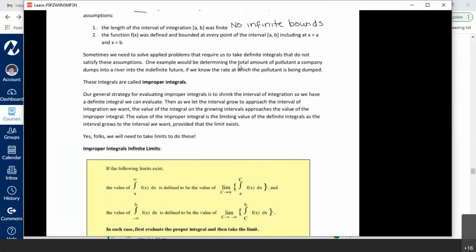Okay, and here's one of my other examples. Say we want to find the total amount of pollutant a company dumps into a river in the indefinite future. Let's assume they wind up having the EPA get on their case and basically tell them, hey, you're not allowed to dump this pollutant in this river. What are you doing?